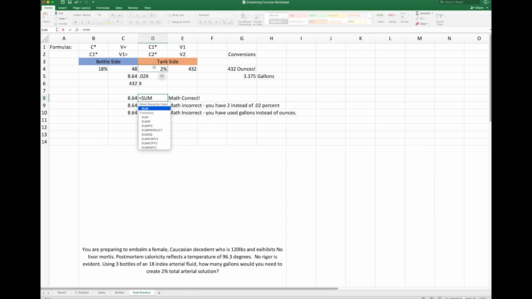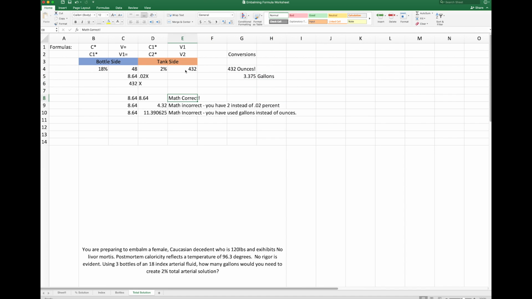The sum of this number, whoops, keep forgetting those parentheses on this last one, times this number. So we know at this point the math is correct, and all you have to do is make sure that you don't answer 432 gallons, that you do that last minute conversion.